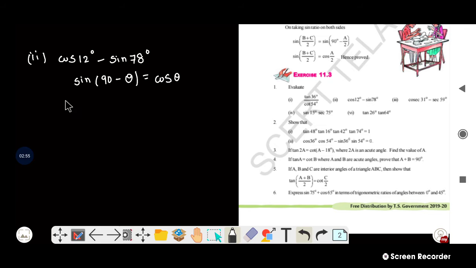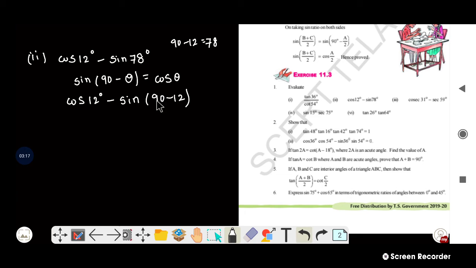Then I use this one again. So cos 12 minus sin, yes, 90 minus 12. Is it right? 78 means here I write 90 minus 12, only 78.